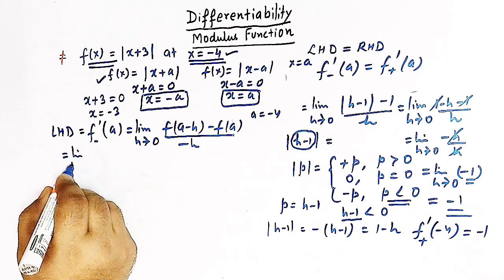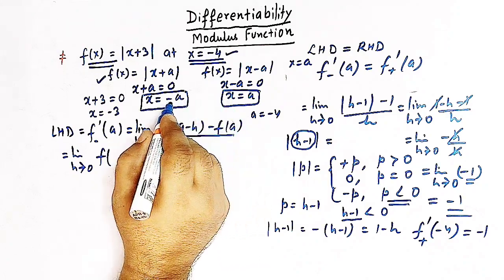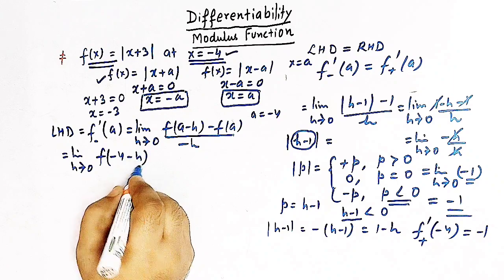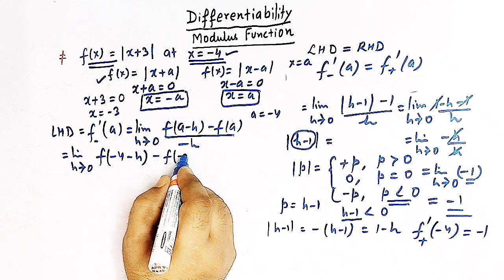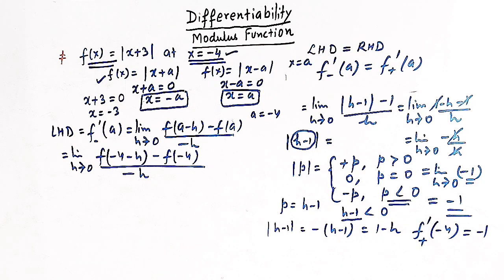So this is limit h tends to 0, where f of a can be replaced by f of minus 4, so f of minus 4 minus h minus f of minus 4 divided by minus h, right?